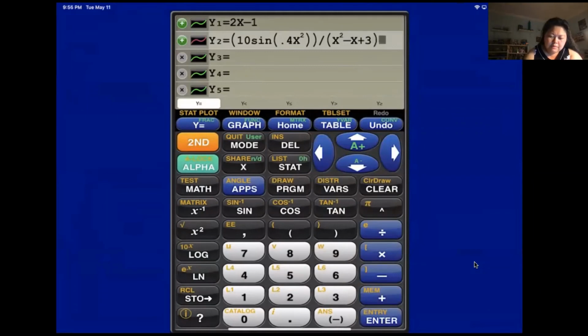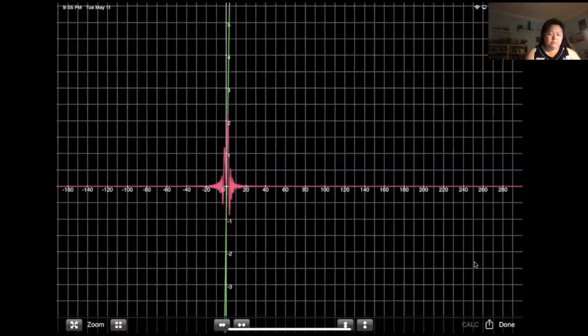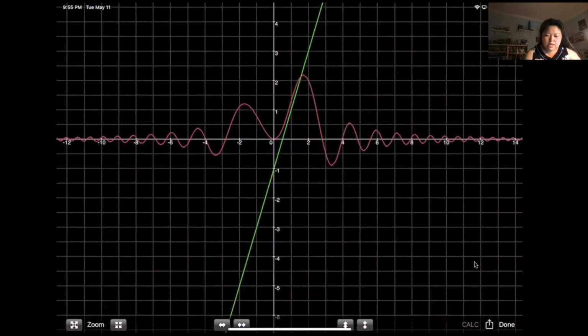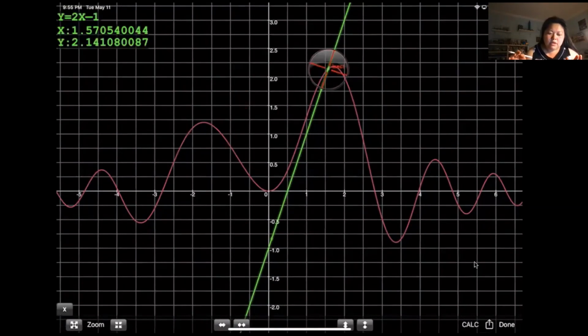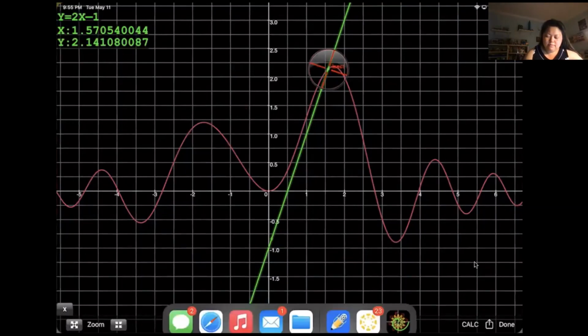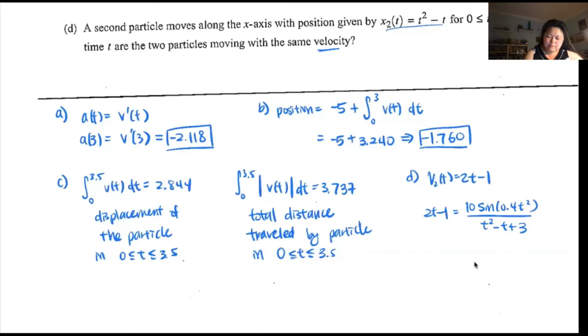All right. And I'm going to graph this. Oh, this is awful. So I'm going to zoom in a little bit more because I want to see where they cross, and it only crosses at one point right there. So my intersection is at 1.571. So that is exactly when the two velocities are going to be equal to each other. And that's it.